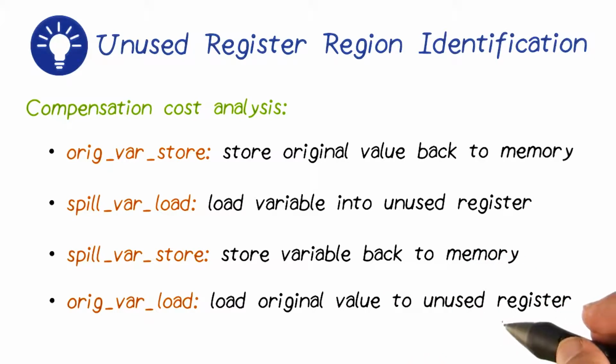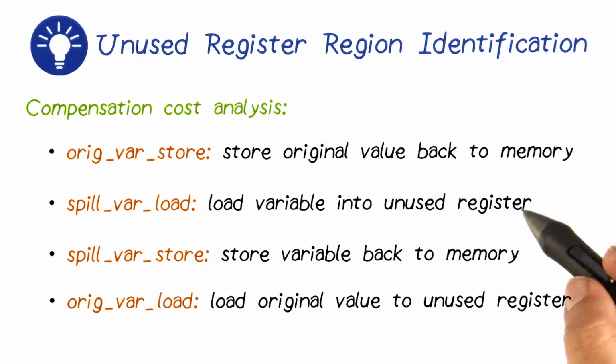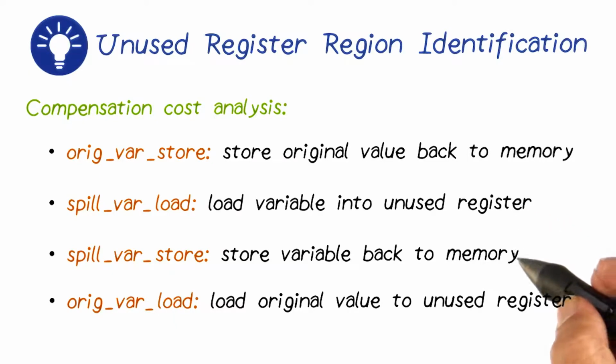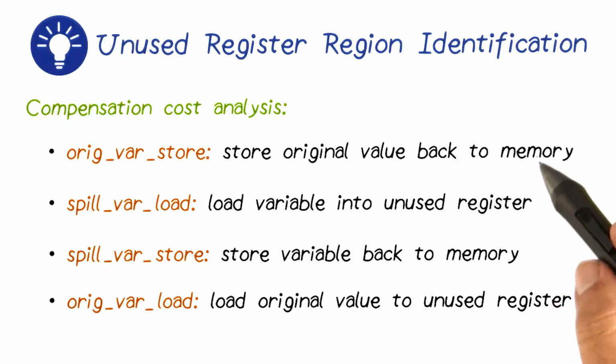So these kinds of loads and stores form the compensation code for unused registers. Remember, the compensation code for a dead register is much simpler, because we need to just have this load which loads the original value into a dead register and then have a store at the end of this region which stores that value back to the memory. So the first and the last parts are not there in such a case.